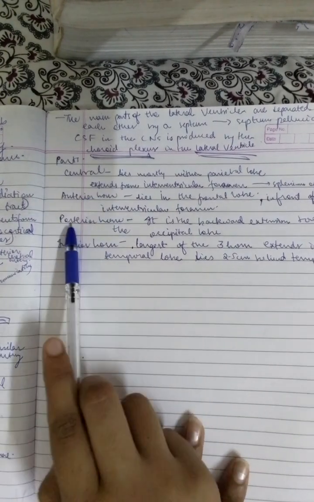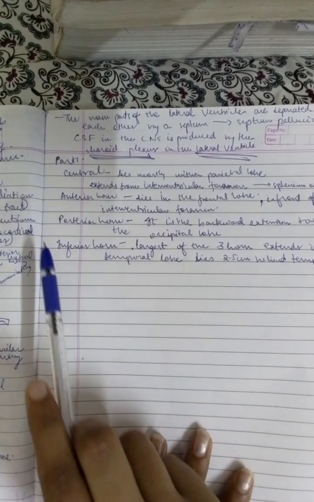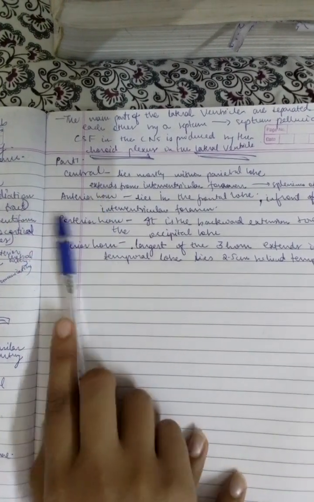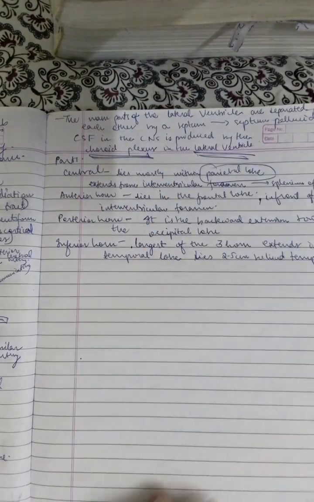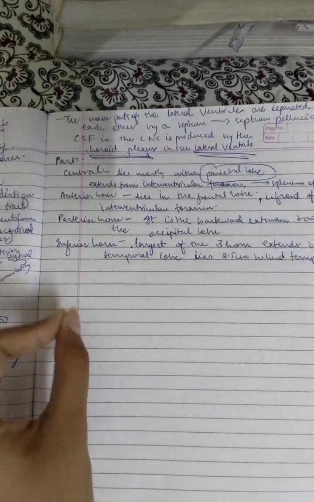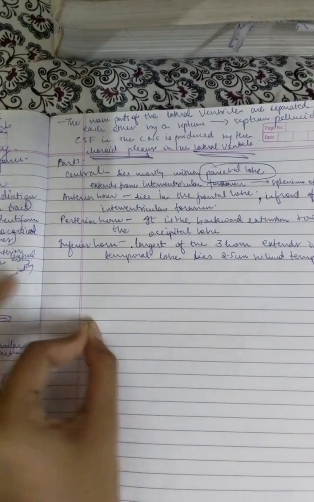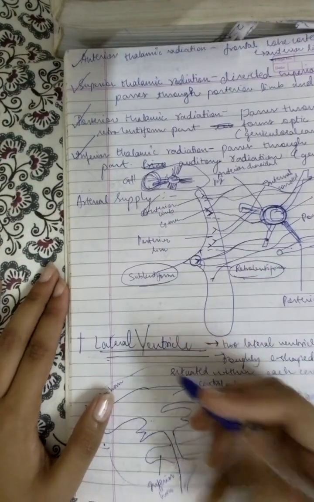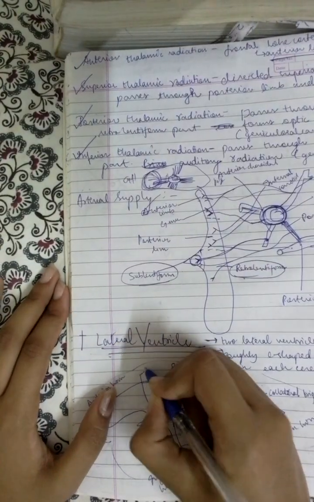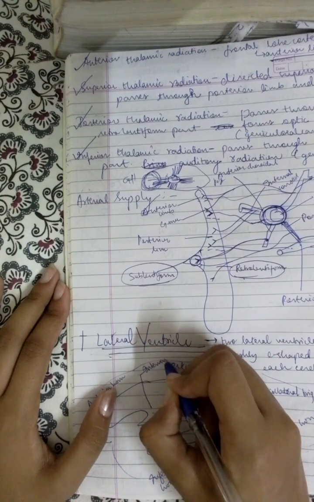Now we are going to learn the extent of these parts. The central part lies mostly within the parietal lobe, and it extends from the interventricular foramen to the splenium of the corpus callosum. As you can see here, this is where the interventricular foramen is.